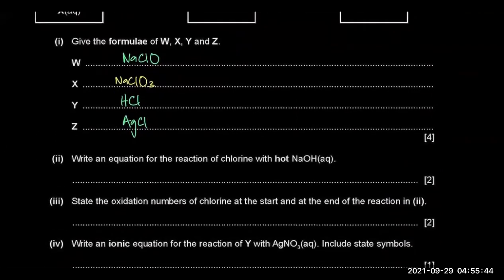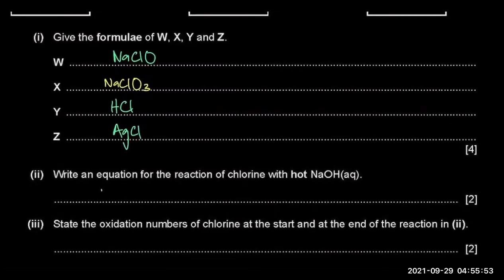Okay. Write an equation for the reaction of chlorine with hot NaOH aqueous. Now we know that chlorine reacts with NaOH aqueous hot over here to form what? NaCl, NaClO3 and H2O. Okay.